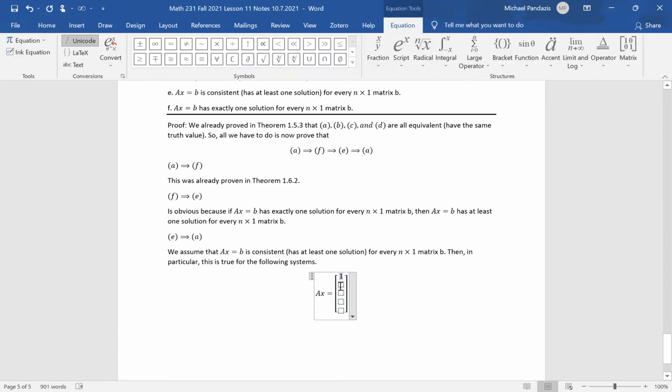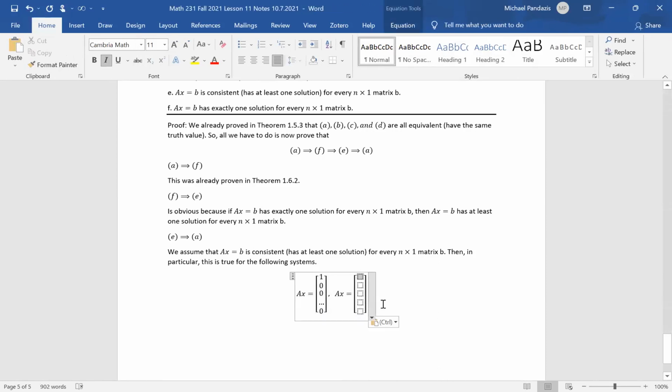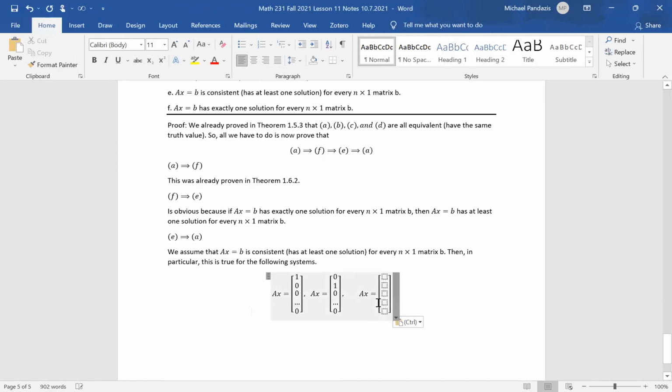The first one we're going to say is 1, 0, 0, dot, dot, dot, 0. AX is equal to that. That has at least one solution by assumption. AX equals 0, 1, 0, dot, dot, dot, 0 also has at least one solution.